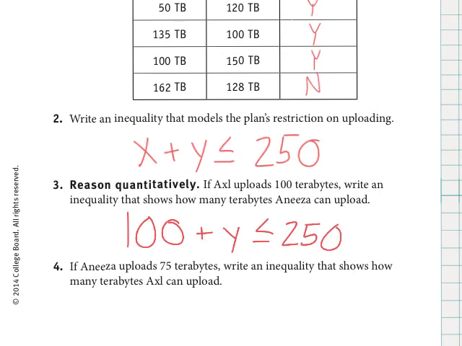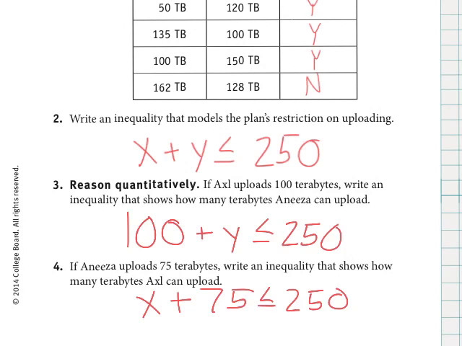Not necessarily endless, but a whole bunch. Same thing if Anisa is at 75, then I have Axel X plus Anisa 75 is less than or equal to 250. Again, many scenarios where Anisa uses 75, Axel would use a wide variety.